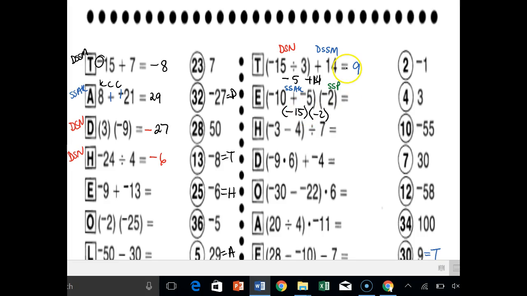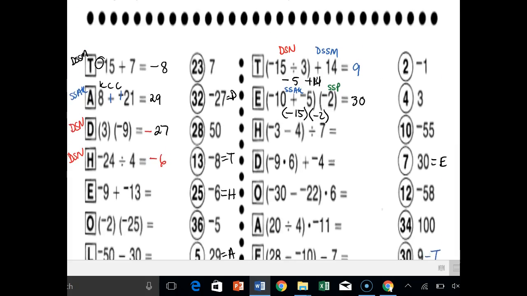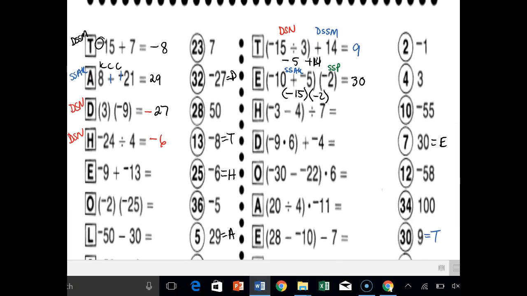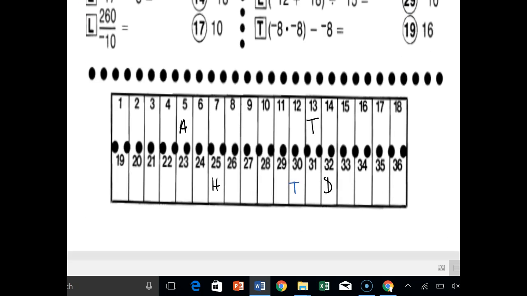So your 15 times 2 is a positive 30. So that's letter E. So notice how you have to really be able to switch back and forth through your addition, subtraction, multiplication, division rules. Now, I got sidetracked. You want to put E on number 7. E on number 7.